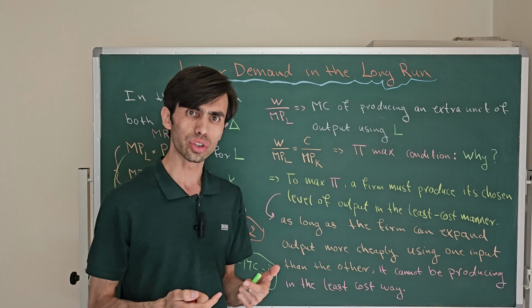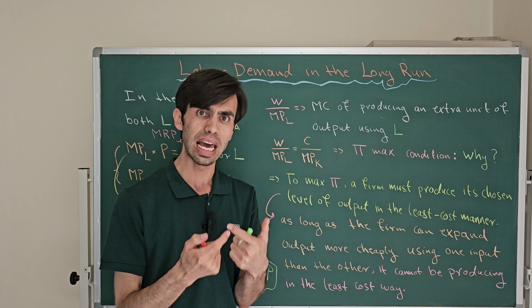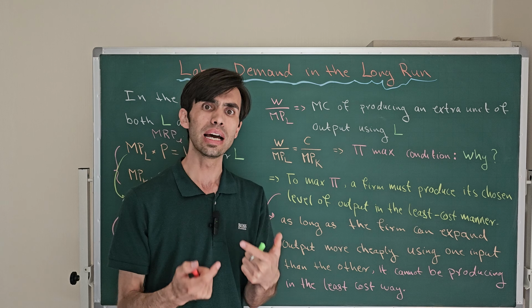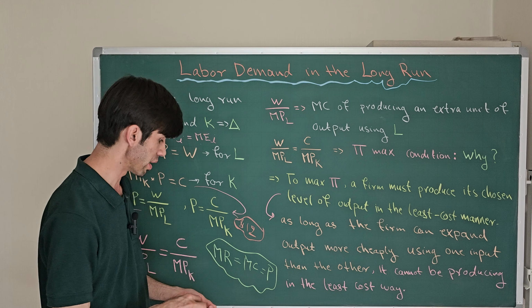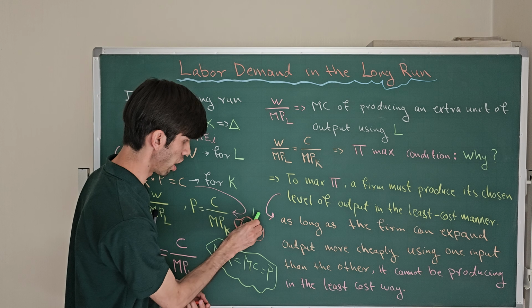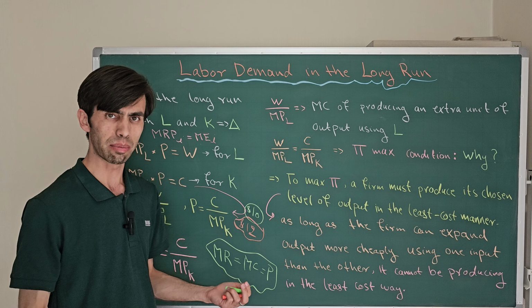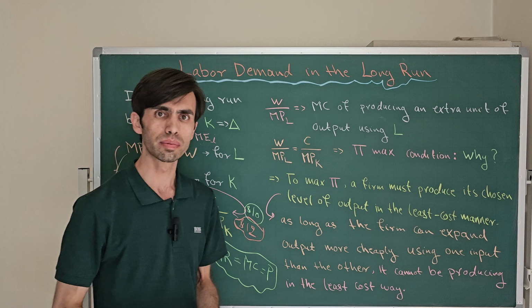But if you use labor and produce that extra unit of output with labor, the cost of labor would be $10. So what would you do?